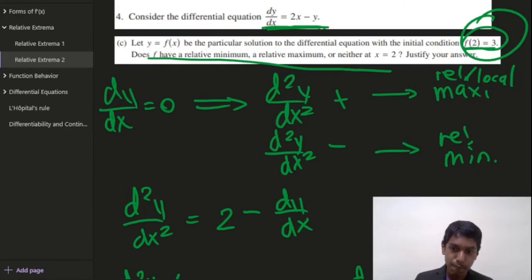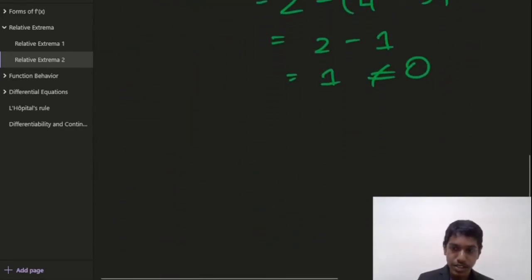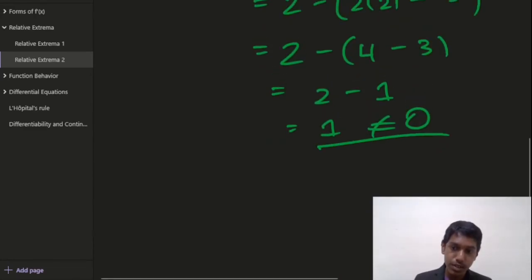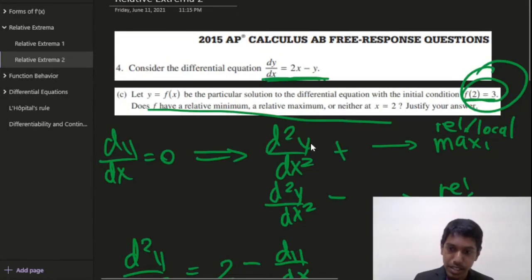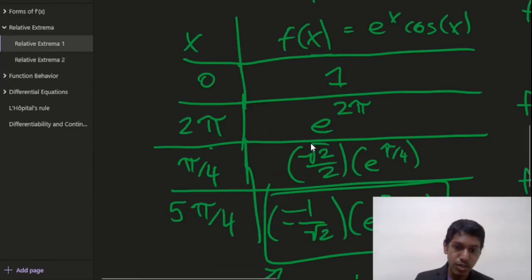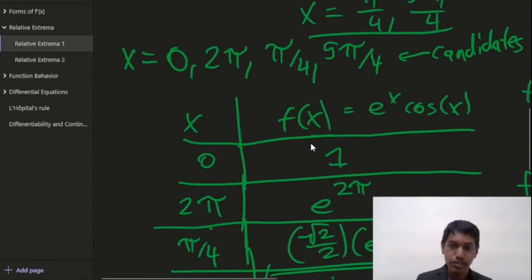This isn't inconclusive in this scenario. If this derivative is not 0, then we know that it's not going to be a relative maximum or a relative minimum, right? If you go back to the first question, what were we doing right here when we were finding candidates?